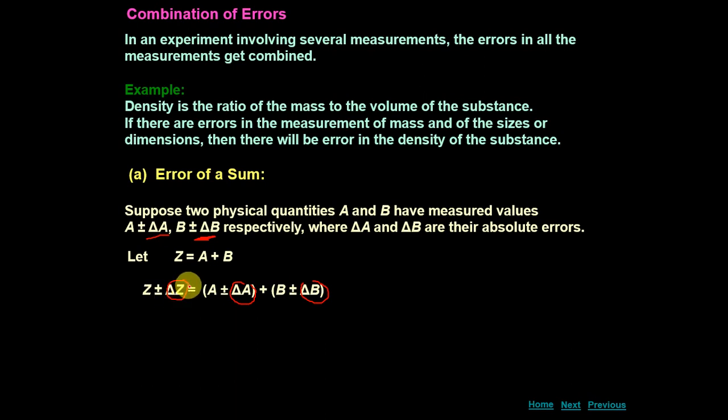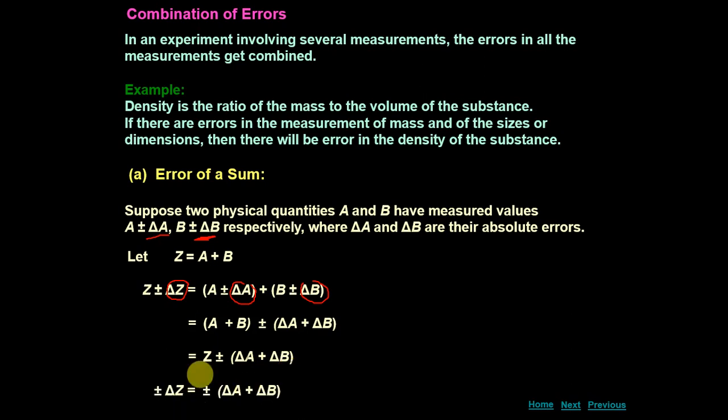So ΔZ is the error in the summation. The right hand side can be written as A + B ± (ΔA + ΔB), taking the sign common. A + B is the value of Z, the sum of the two physical quantities, and ± (ΔA + ΔB) is also included here.